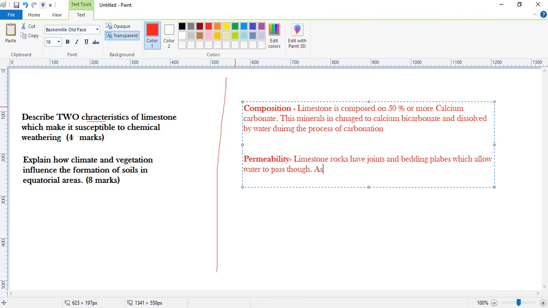As the water passes through the rock, it dissolves calcium bicarbonate. And that should give you your 4 marks.